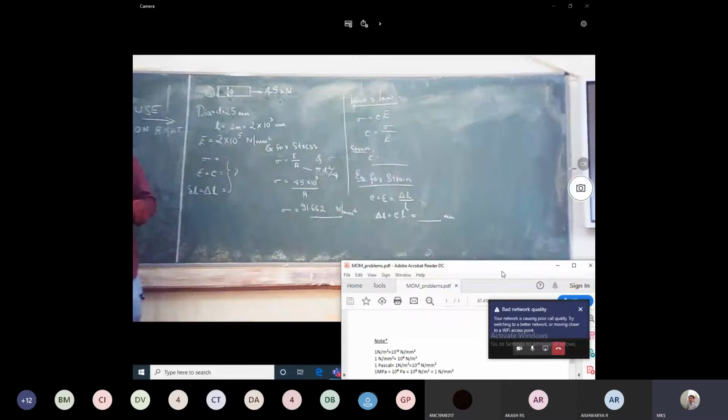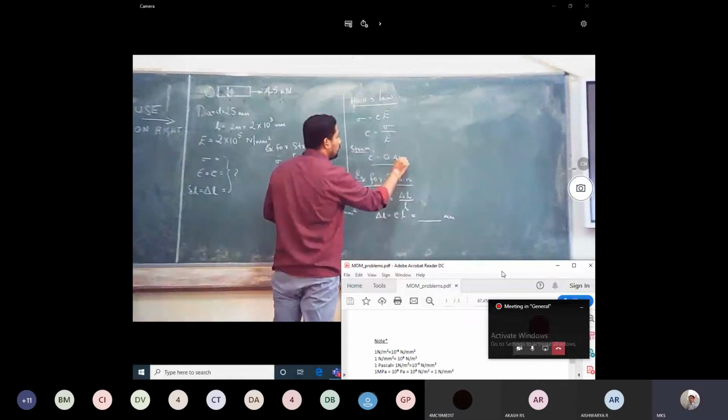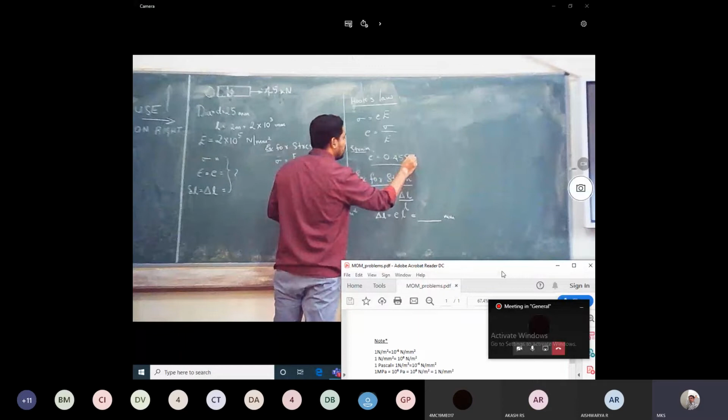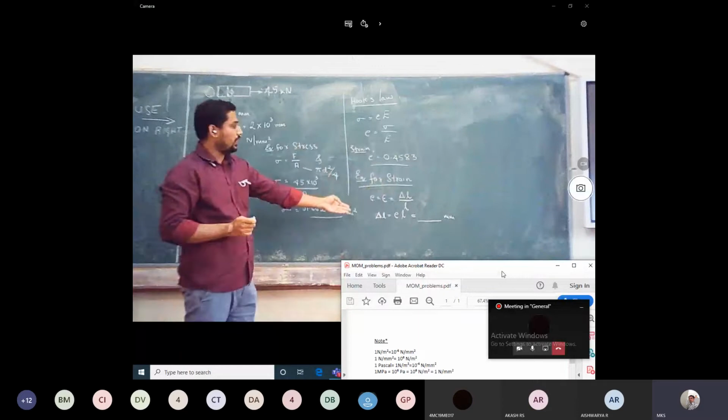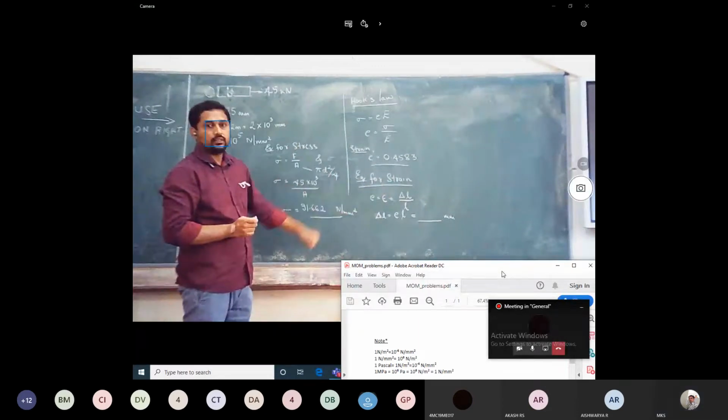0.4583 into 10 to the power of minus. That's it. Then we have the change in length value.